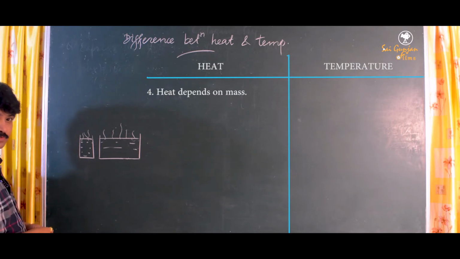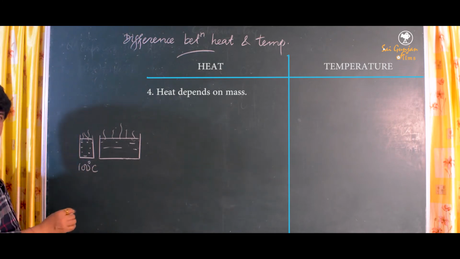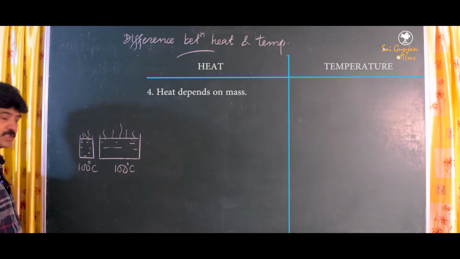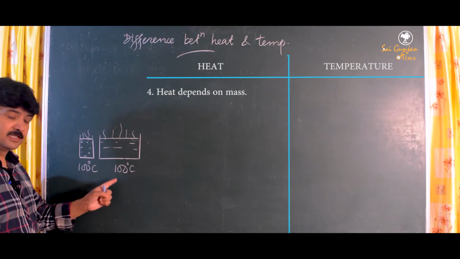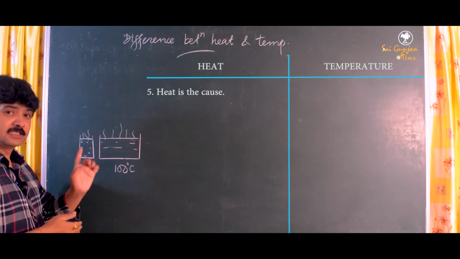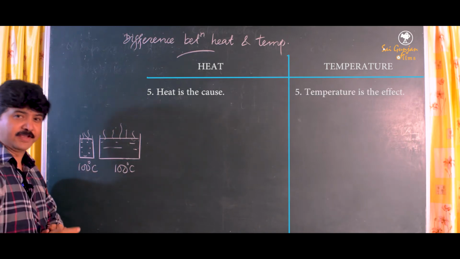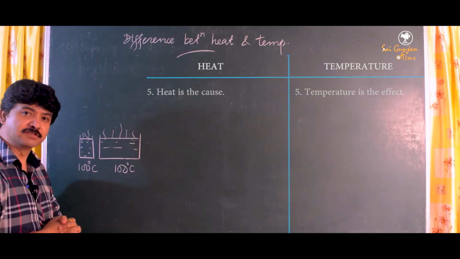None of these two. Both will have the same temperature of 100 degrees Celsius. What does it mean? Temperature does not depend on mass. Heat is the cause and temperature is the effect, because heat changes the temperature.